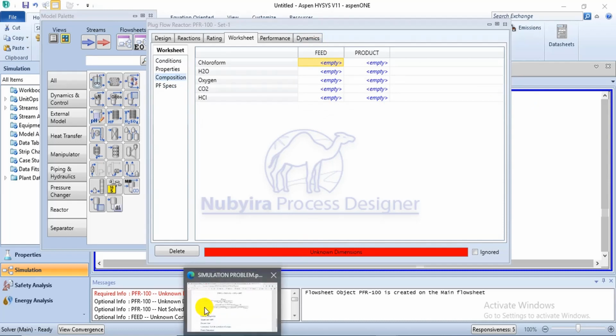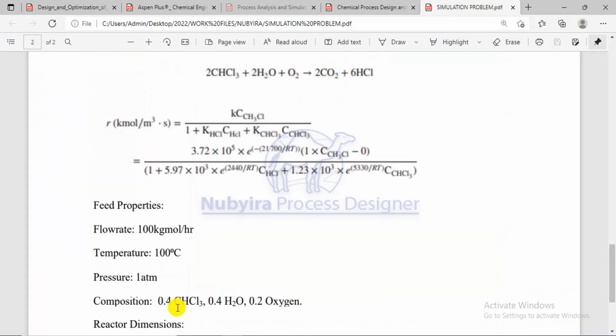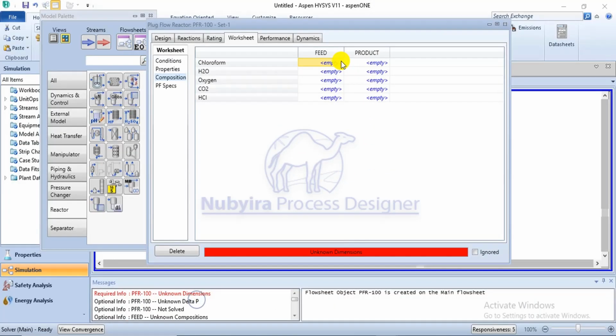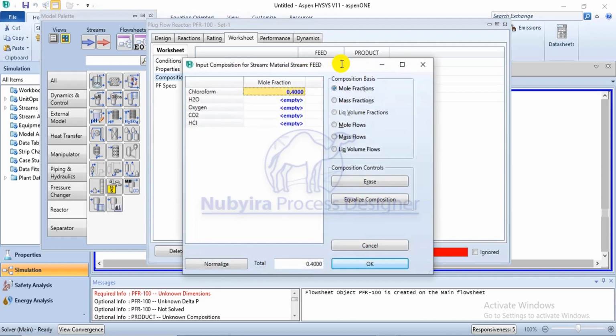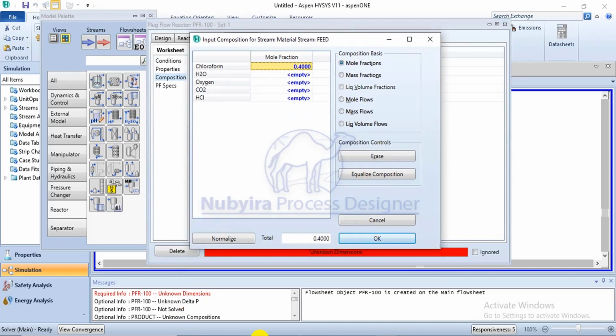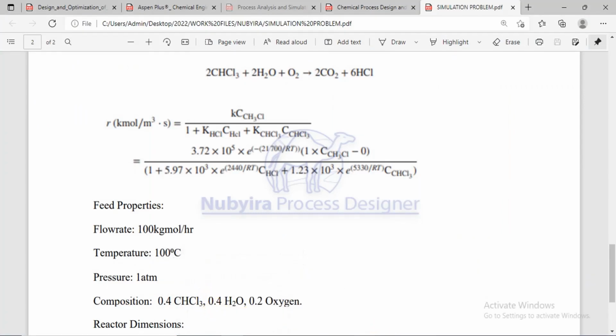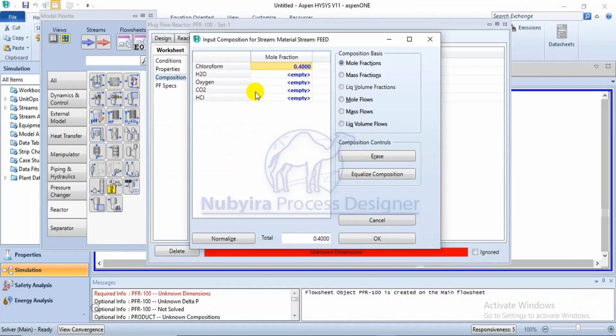So for composition, you have mole fraction 0.4, 0.4 water and 0.2 oxygen.